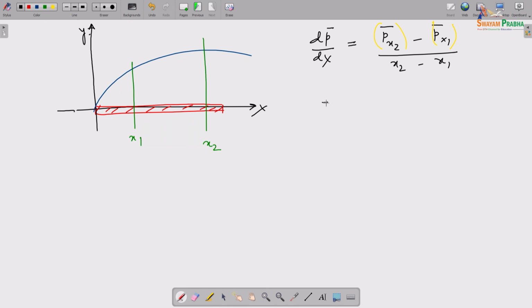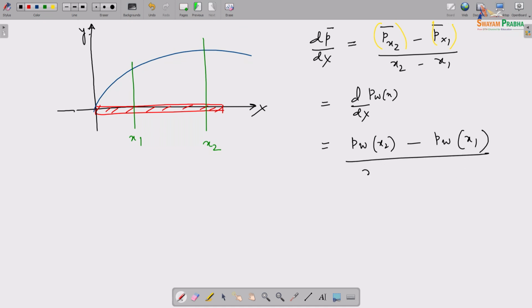And this we said is equal to d/dx of the wall pressure, which means this is equal to wall pressure at x2 minus wall pressure at x1, by x2 minus x1.